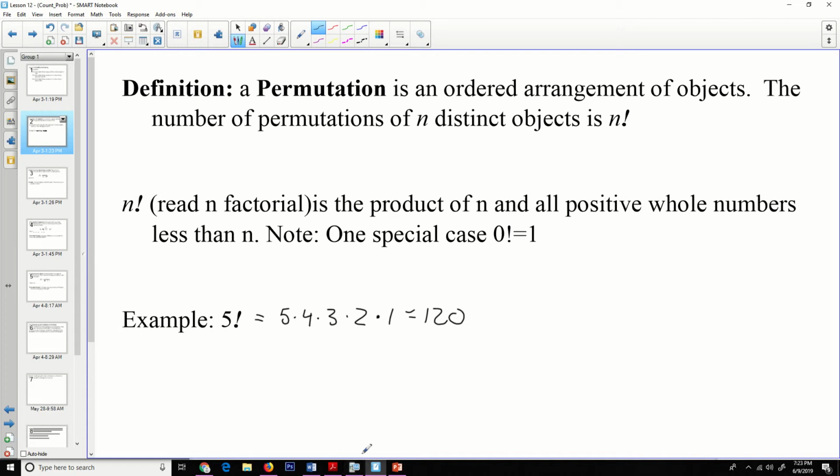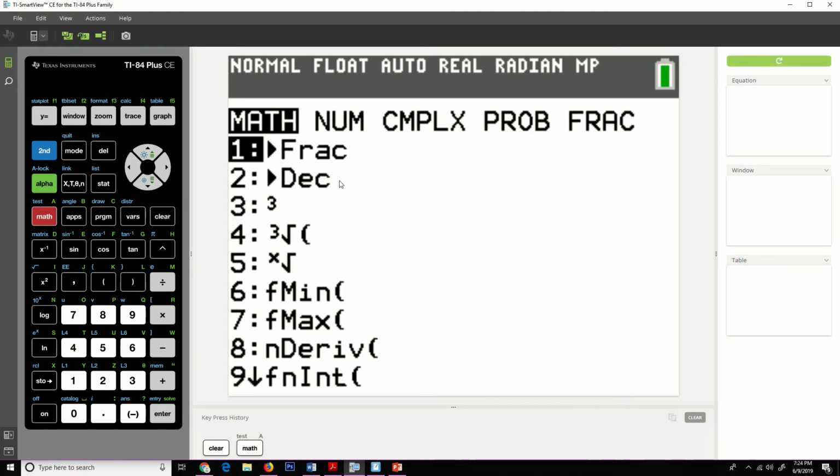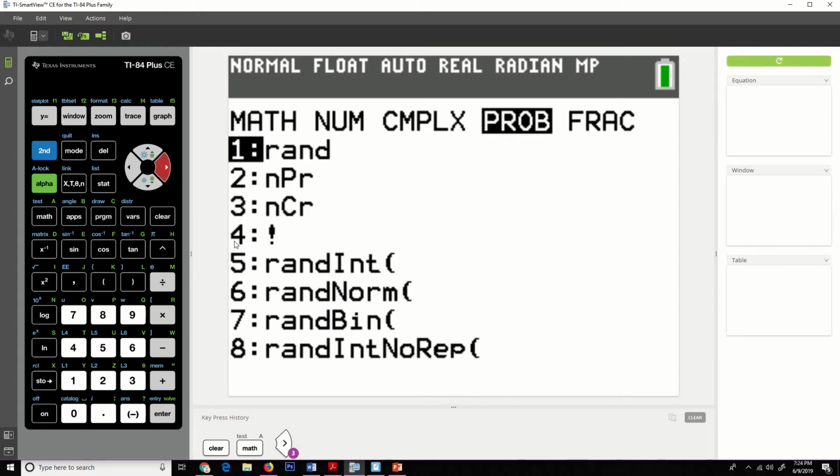Now, you can do that in your graphing calculator, and more often than not, you will use the graphing calculator because these numbers are going to get very large very quick. So let's show how we're going to do that. If you hit the math button, you'll notice that there's math, number, complex, probability, and if we arrow over to that, you'll see that the fourth one is the exclamation point for factorial.